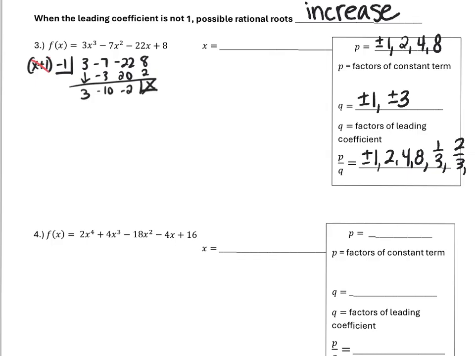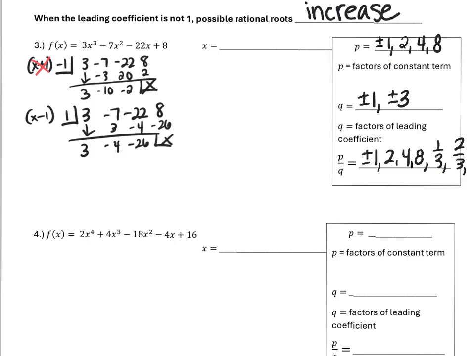So not a factor. Let's try x minus 1. So +1, 3, -7, -22, 8. 1 times 3 is 3, -4, -4, -26. So this is -26. This is not going to work either. Let's go on to 2.